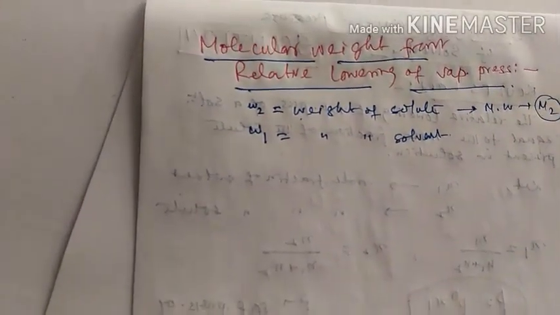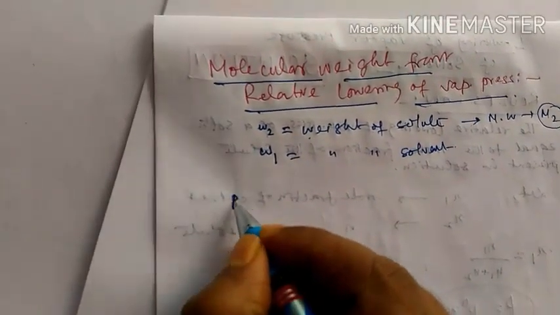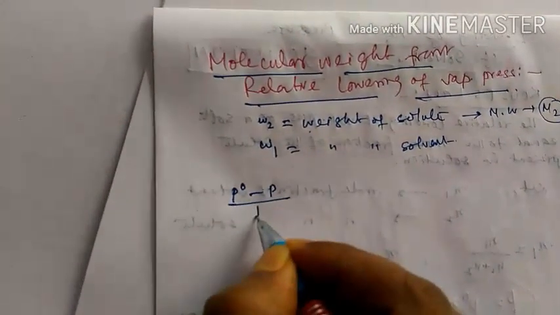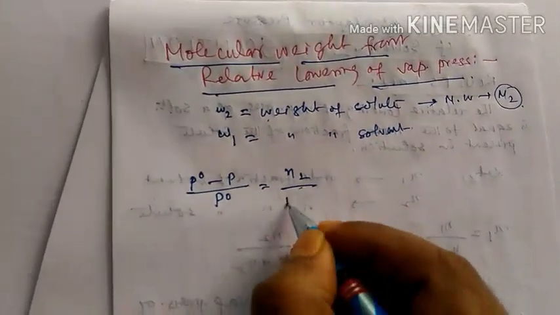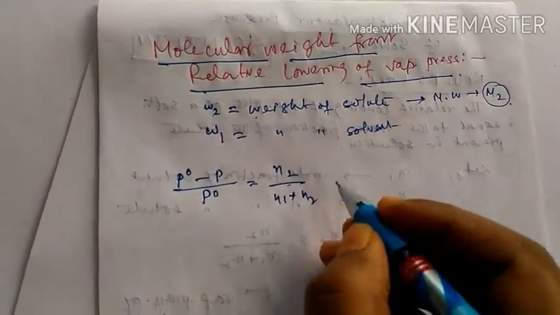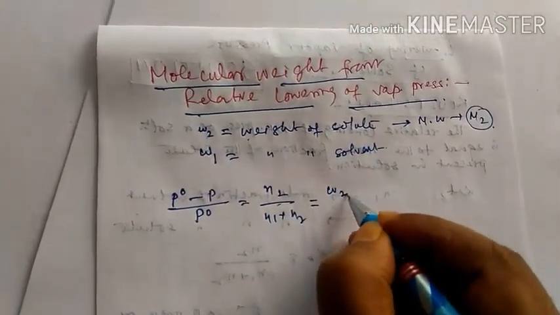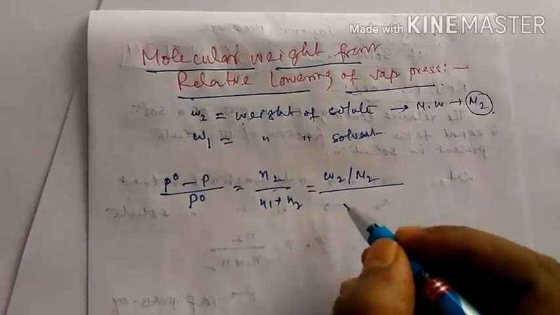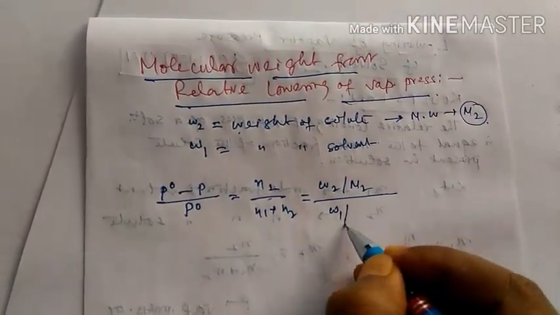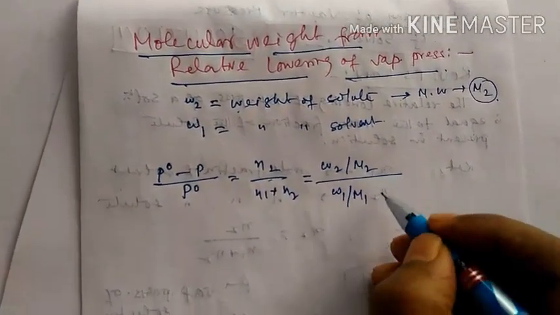Now for the relative lowering of vapor pressure, we can write P0 minus P by P0 equals n2 by n1 plus n2, as we have already done. Now n2 equals W2 by M2, number of moles being weight per molecular weight. n1 equals W1 by M1, where M1 is the molecular weight of the solvent.